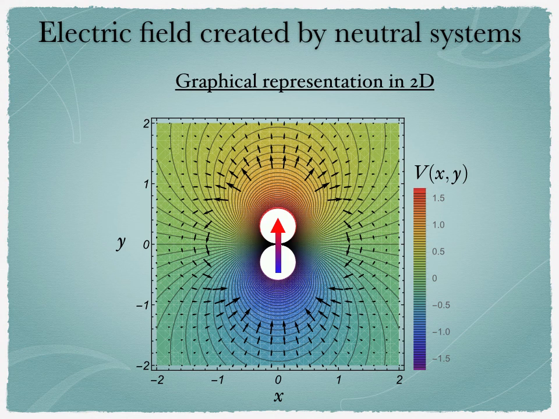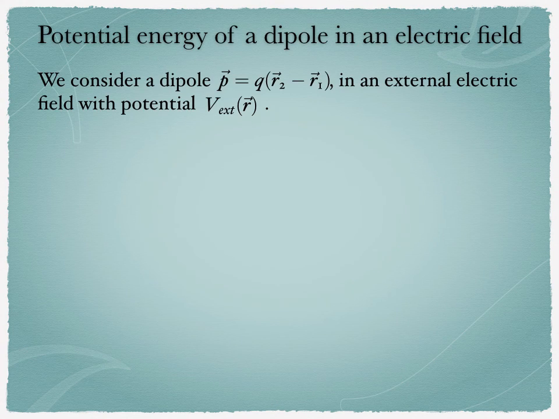Now, the very last thing we'll do will be to look at the interaction between a dipole and an external field. So if we consider a dipole that is really neutral, then we have P that is equal to Q times R2 minus R1. Okay? Now you place this in an electric field with potential V external of R, which is unaffected, if you will, by the dipole itself.